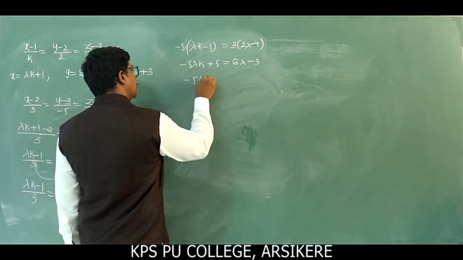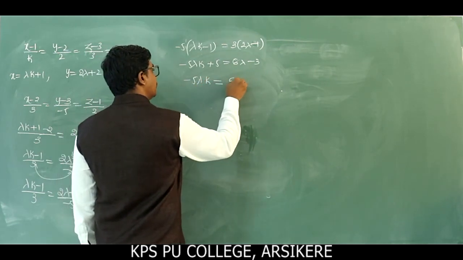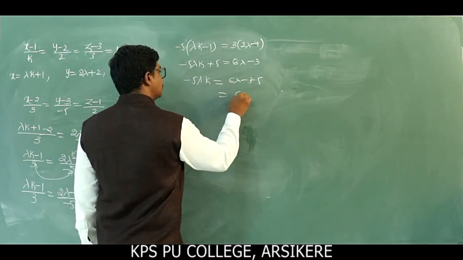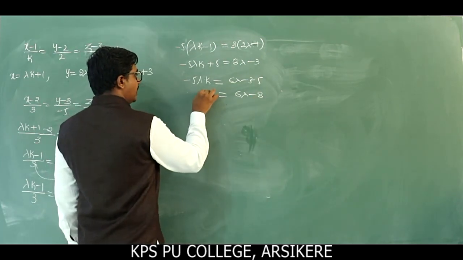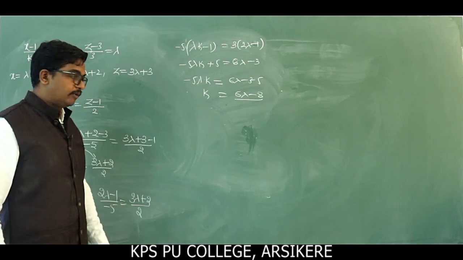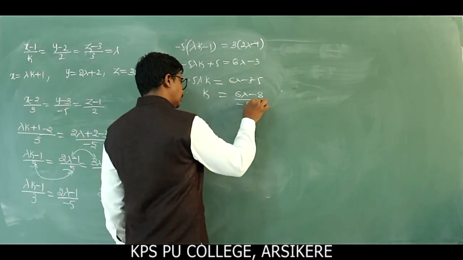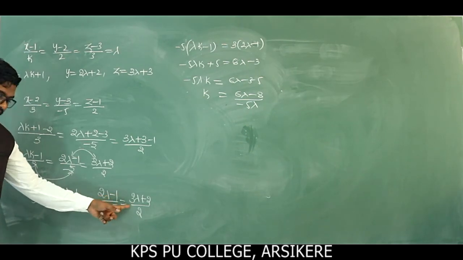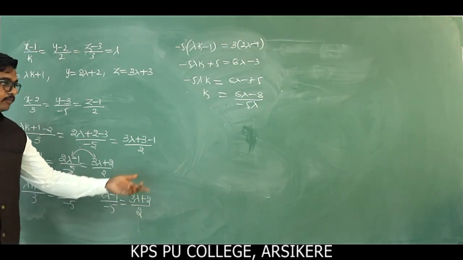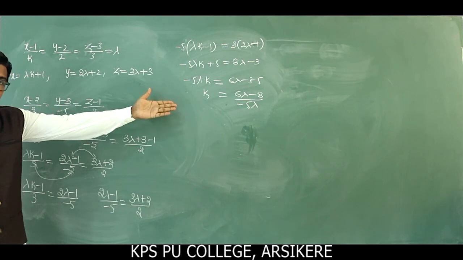Minus 5 lambda k = 6 lambda minus 3 minus 5, that becomes 6 lambda minus 8, and k = (6 lambda minus 8)/(minus 5 lambda). If you simplify second and third term, you will get the value of lambda, then replace this lambda value, you will get the value of k.